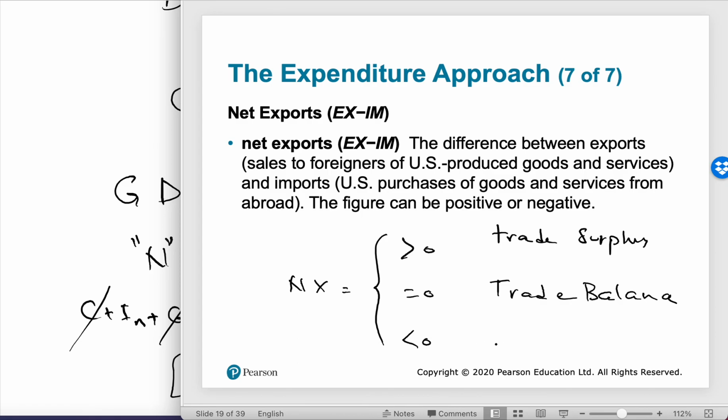China is like this. And the trade deficit is a problem. It means that the country consumes or imports more than what they export. So for a short period of time, it's okay. But sooner or later, you should bring your economy to where you're exporting more than you're importing.